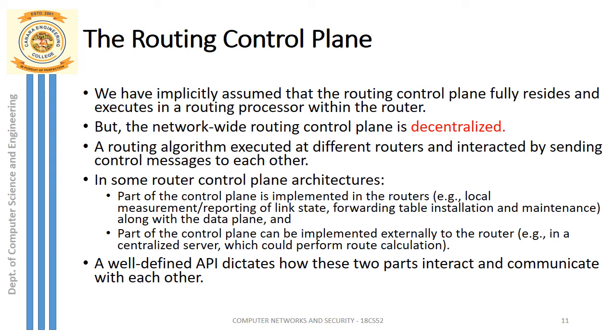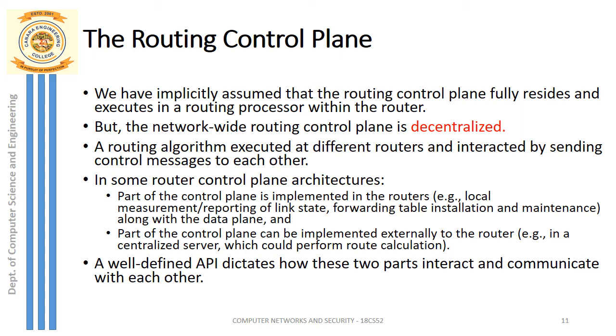So these things will be inside the router, and part of the control plane can be implemented externally to the router. That means, for example, the remaining part can be implemented in some other centralized server. For example, it may be the route calculation.